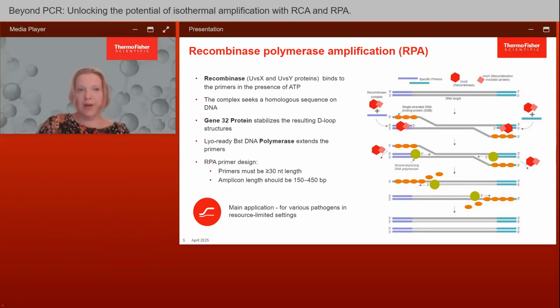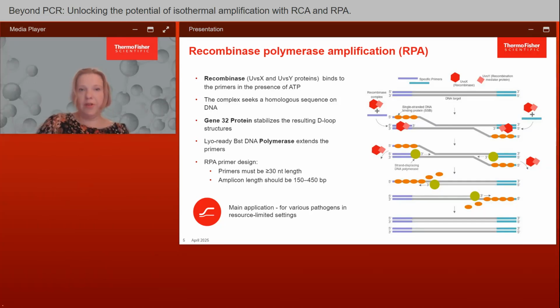These proteins, in presence of ATP, bind the primers and help the primers to find the complementary sequence in the template. When it's found, another protein, single-stranded DNA binding protein, comes to help. It stabilizes the resulting D-loop structure, and then the extension of the primers can follow.